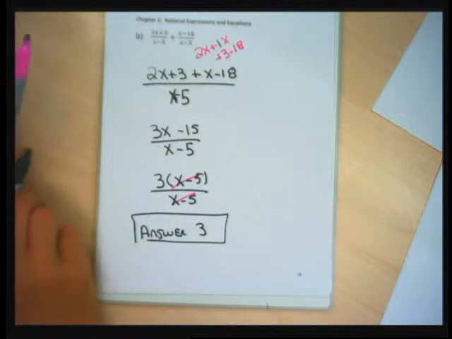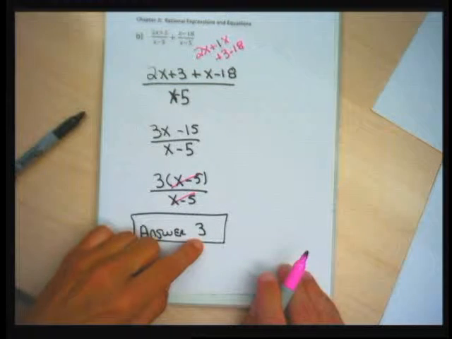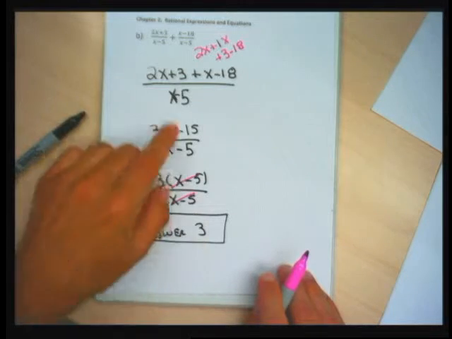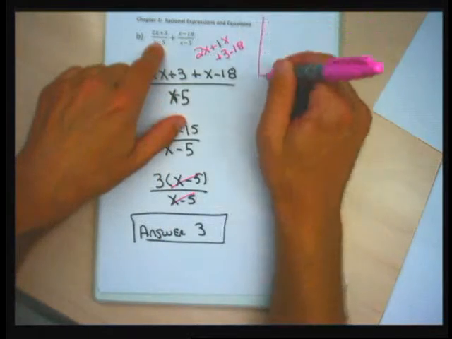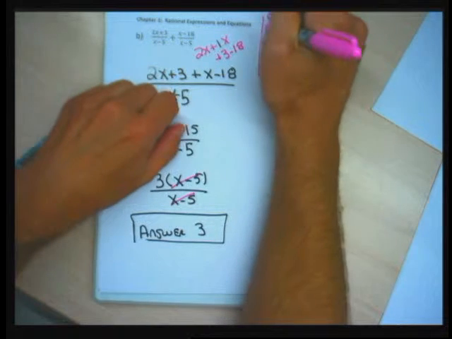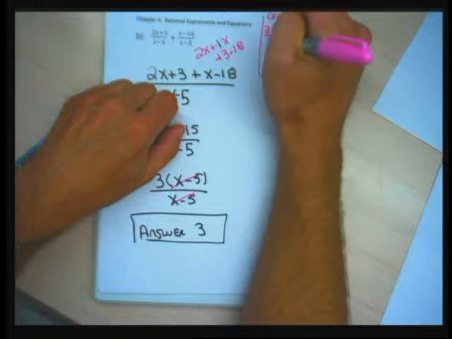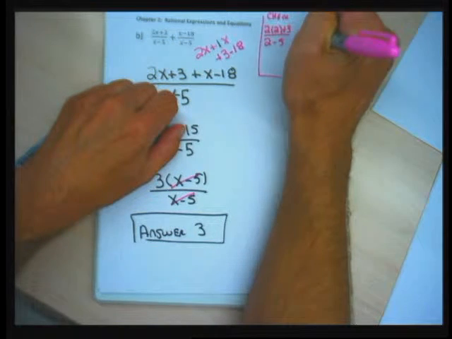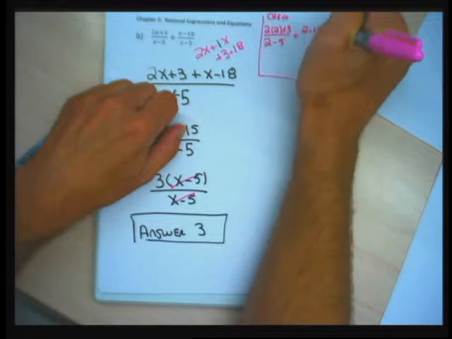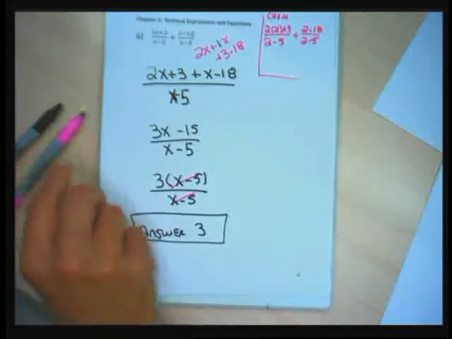When I check, I'm going to plug in 2 for x into the original problem. There's no place to plug in 2 for the answer, which means when I plug in 2 for x, I better get 3. So I'm going to do my checking. I'm going to go (2 times 2 plus 3) over (2 minus 5) plus (2 minus 18) over (2 minus 5), and hope like heck I get 3.